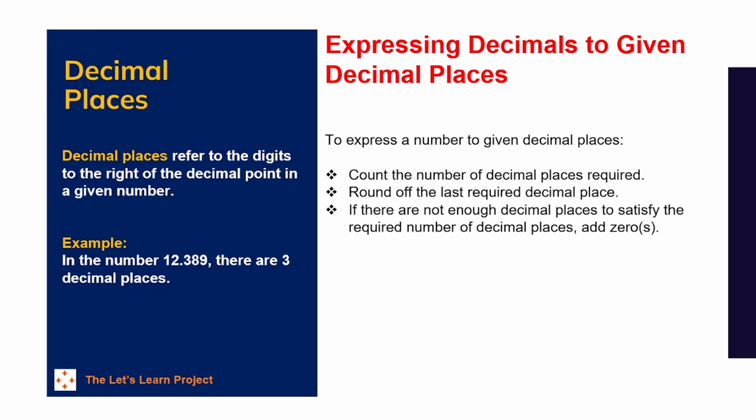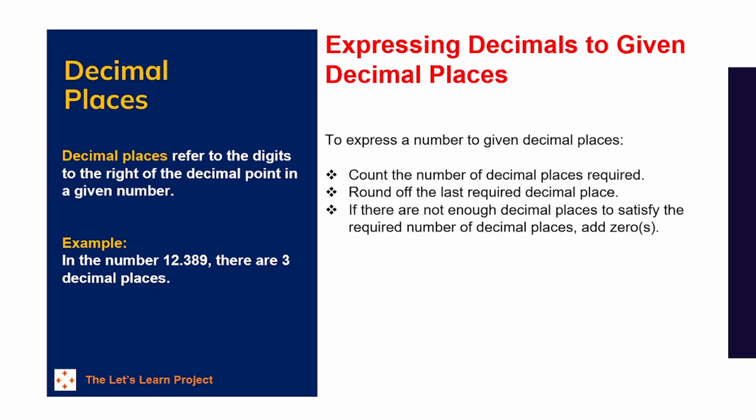When you are done with that, then you would round off the last required decimal place, similar to what we did when we were looking at the significant figures. Rounding off, you know that you consider the digits between 0 to 4 being one group, or the small digits.